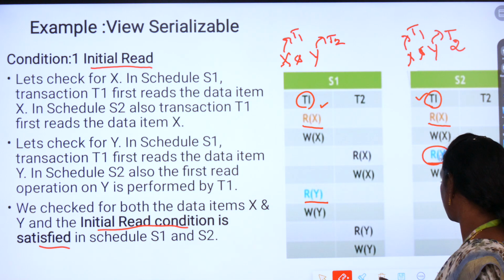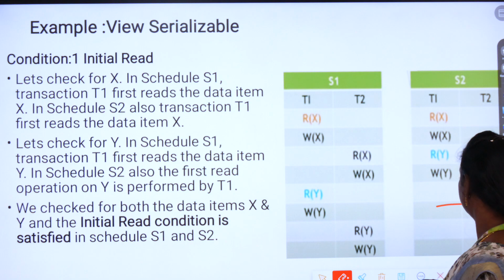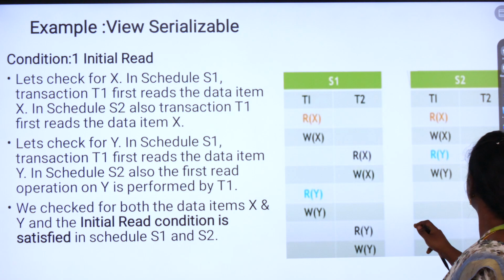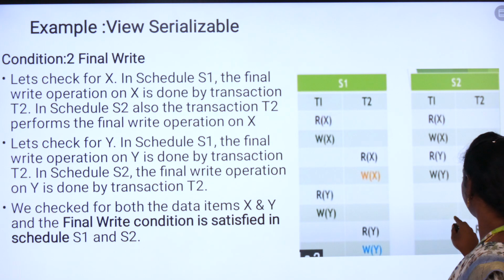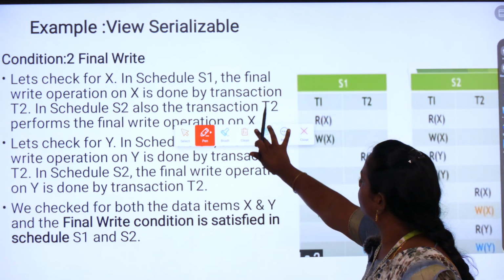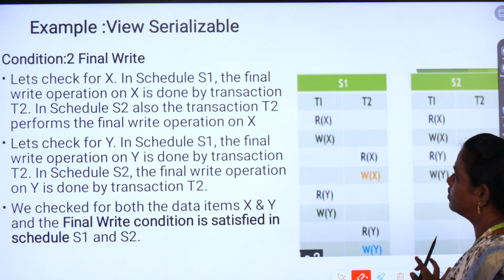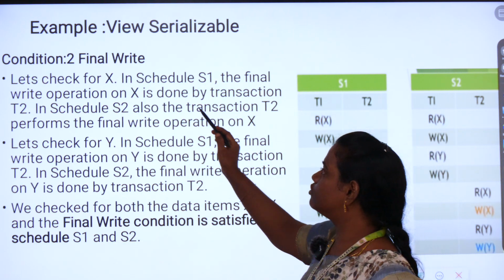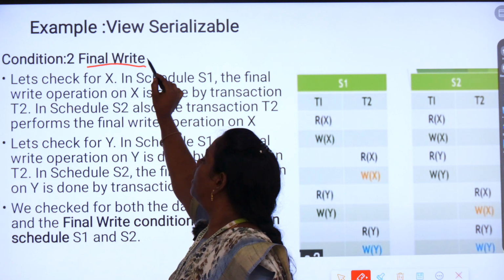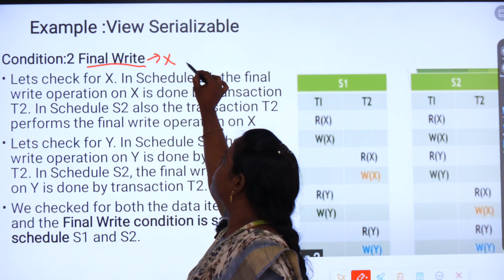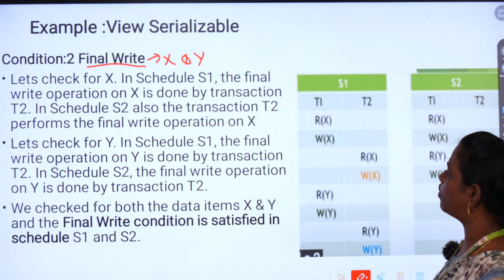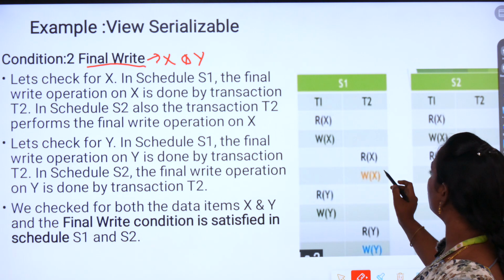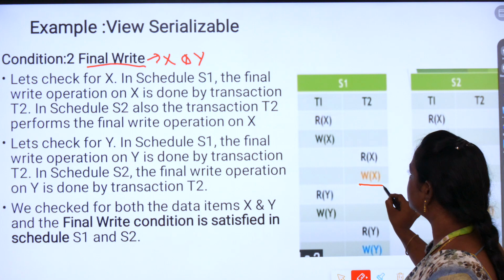So next is the second condition, that is final write. In final write, we need to check the final updated value of X and Y. Let's check for X. In schedule S1, the final write operation on X is done by transaction T2.